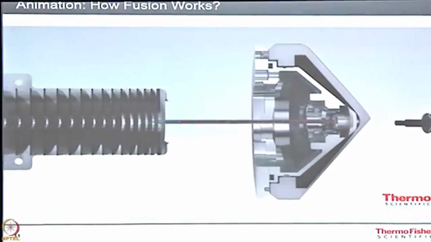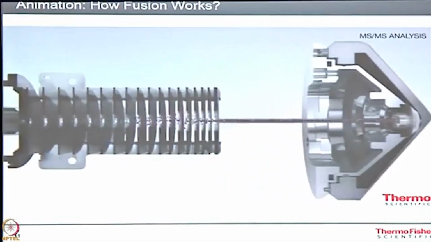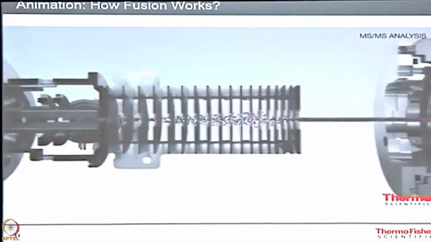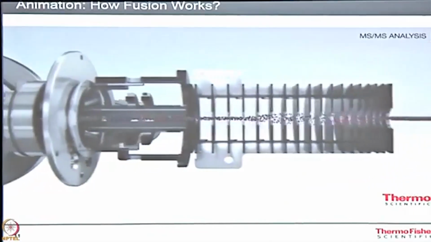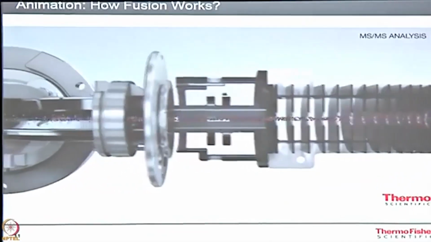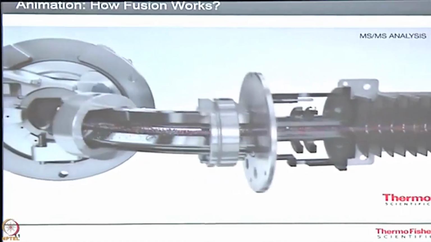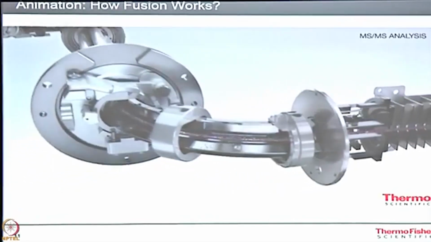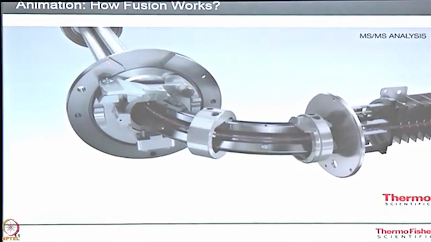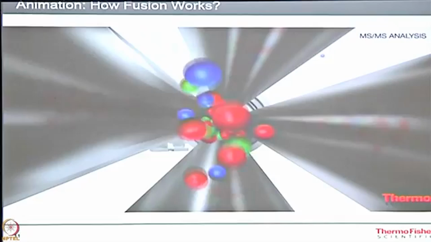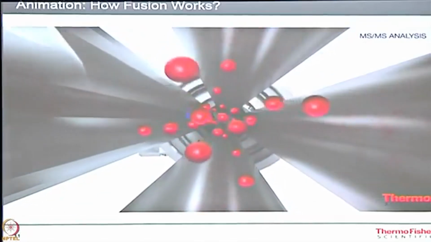What happens in MSMS? In the case of MSMS, only one molecule is filtered from this mass, and that gets fragmented and then detected as MS2. So the same thing happens, ions are going. Inside the quadrupole only one molecule will be there, and the others will be filtered out.